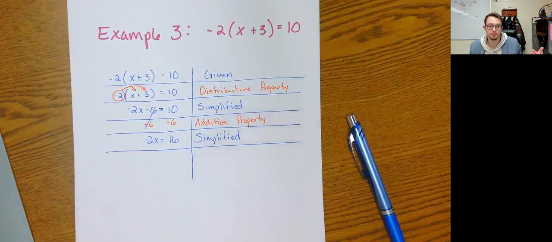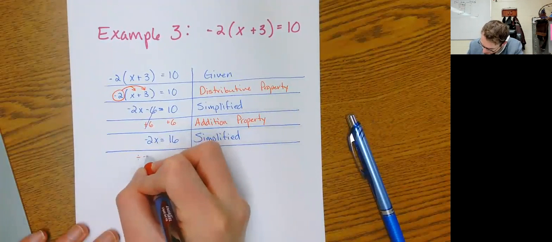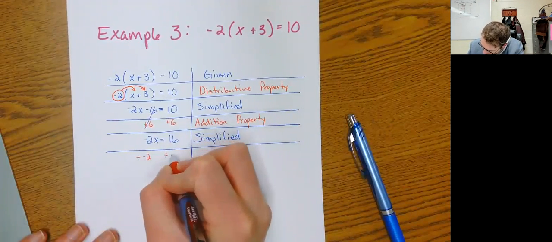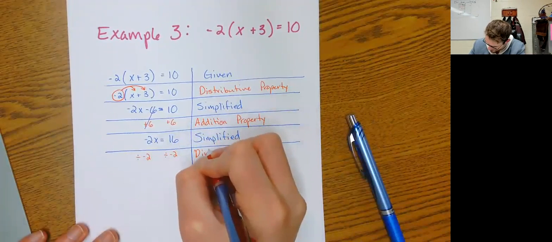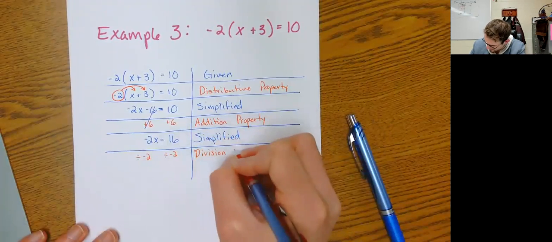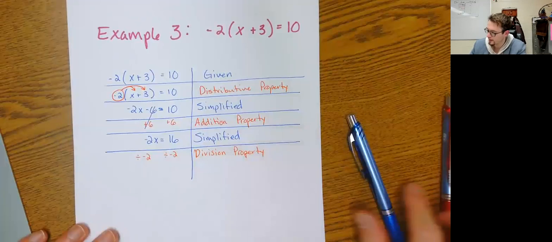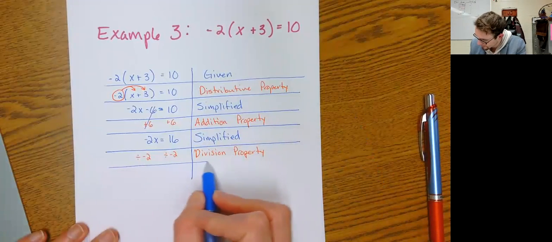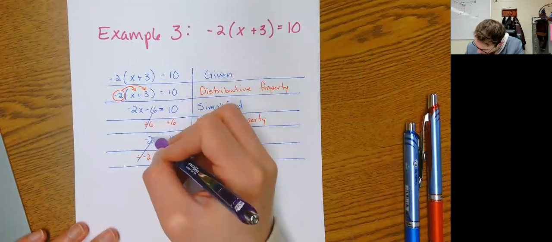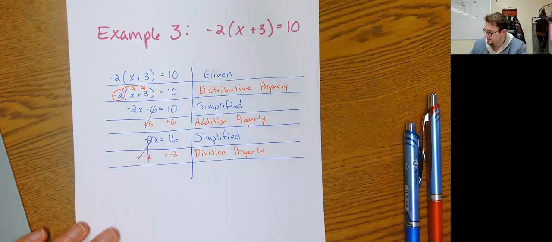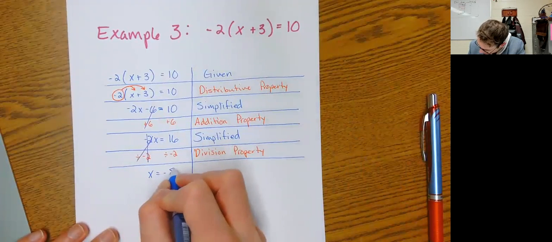All right, next step. Well, I need to cancel out multiplication, so let's divide both sides by -2. Division property. Oh, that cancels out, and I'm left with x equals -8.